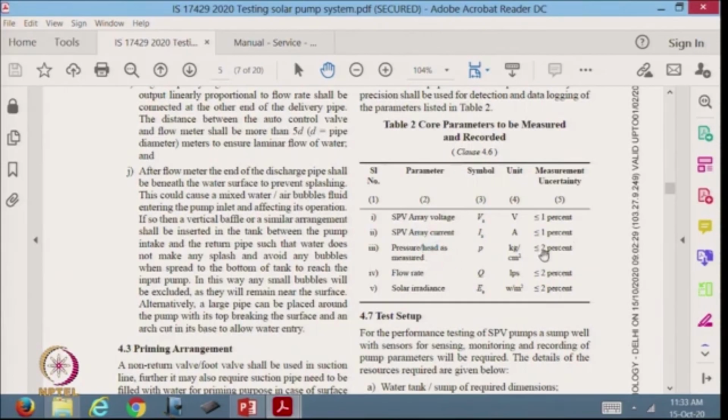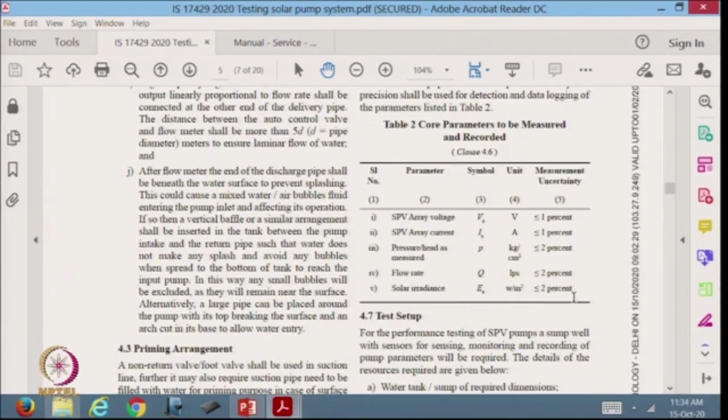Pressure head as measured in kg per square centimeter. So, this is not SI units, but we should use bar or kilopascal. This is less than plus minus 2%. Flow rate in liters per second to be less than 2%. And solar irradiation, this should be measured within plus minus 2%.